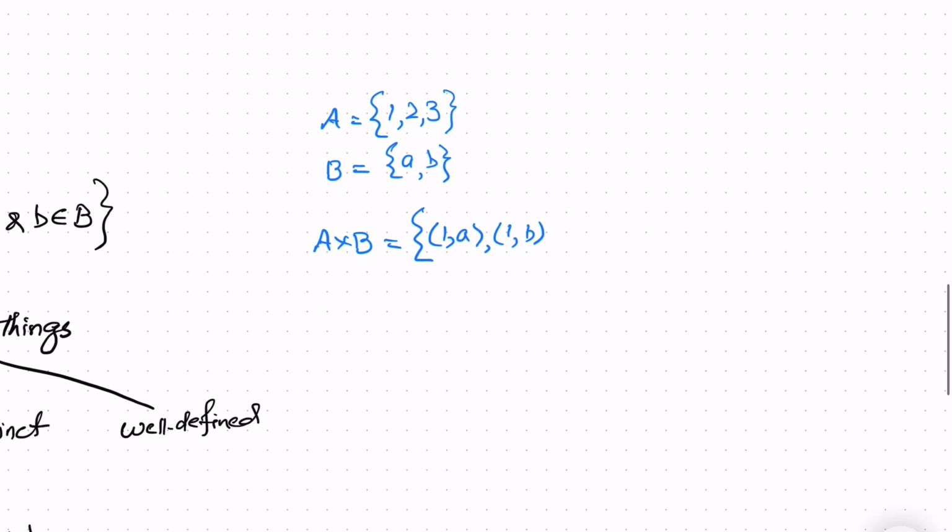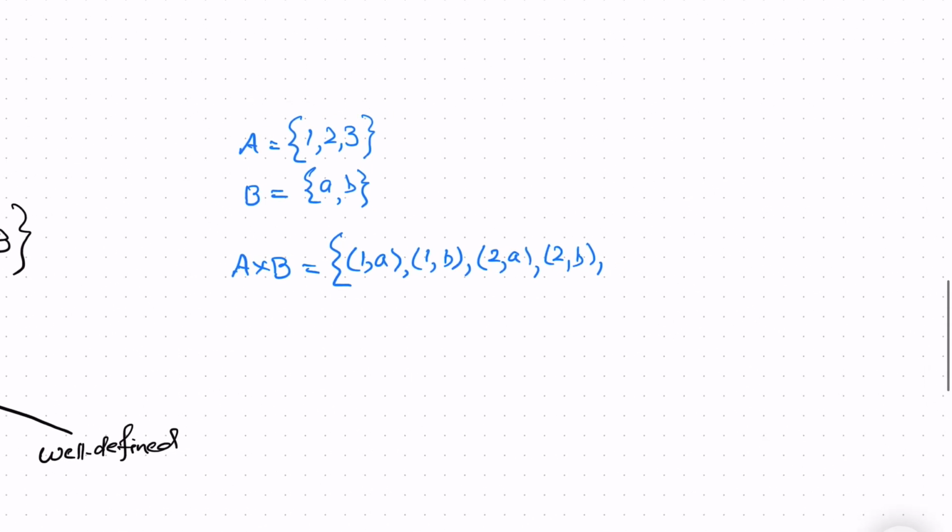Can you guess? 2a, 2b. What comes next? 3a, yes. And then we have 3b. Can we make more of these?